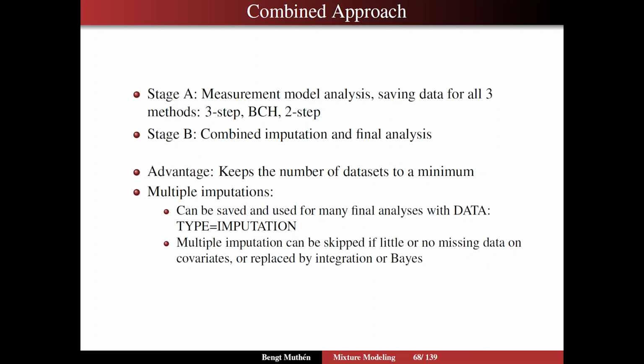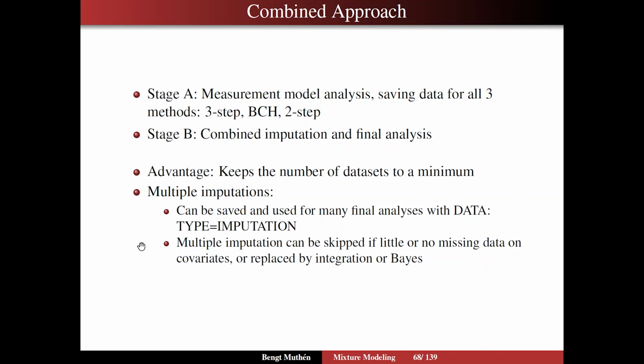Here you do it together with the final analysis, and if the imputation takes a long time and you want to do many final analyses, maybe you want to do the imputation and save the data so you can come back to the imputed data, don't have to redo that. Well, but you can do that saving of the imputations also within this stage B using save data and then set data type imputation. So I'll show that in the input.